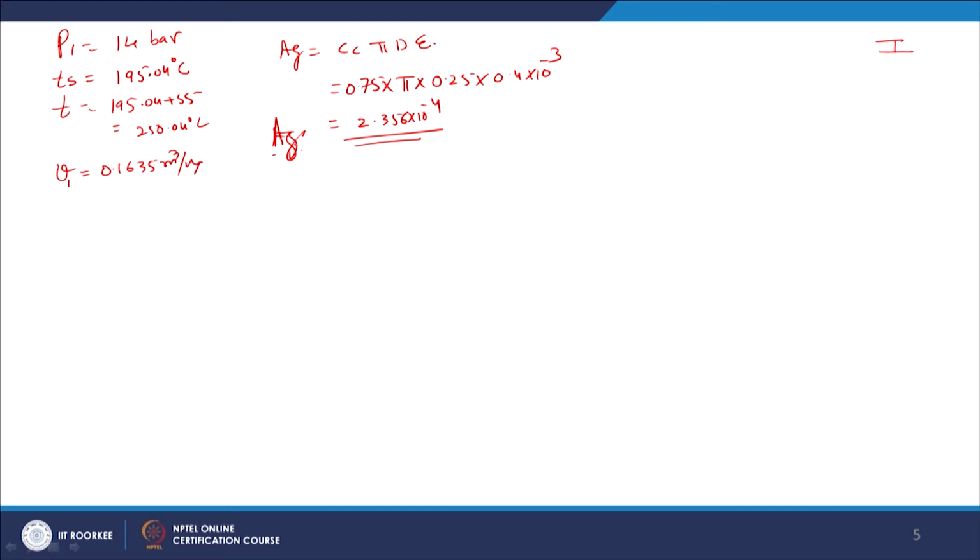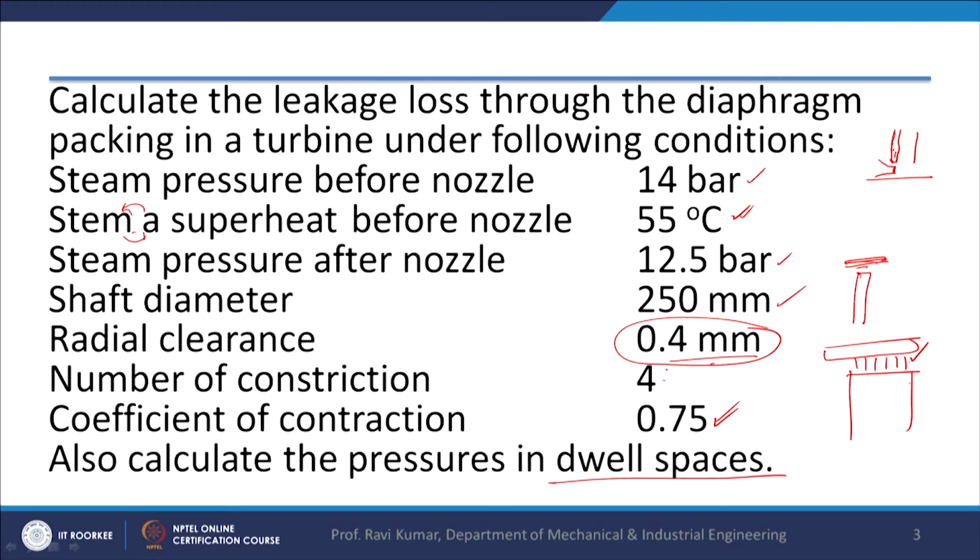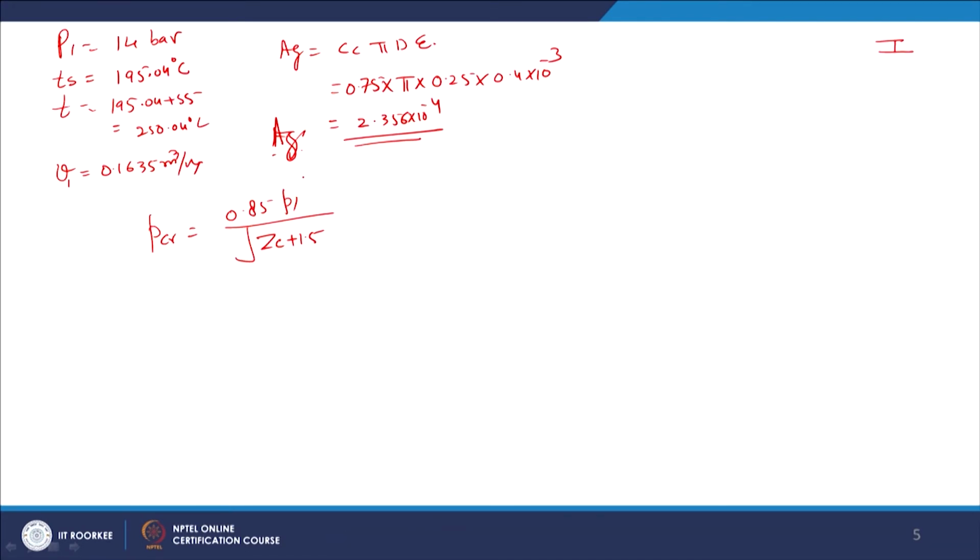Now, we will calculate the critical pressure in the last stage. Critical pressure is 0.85 P1 divided by under root Zc plus 1.5. Now, what is the value of Zc here? The value of Zc is 4 and P1 is 14 bar. So, it is 0.85 into 14 into 10 to power 5, let us convert it into Pascal.